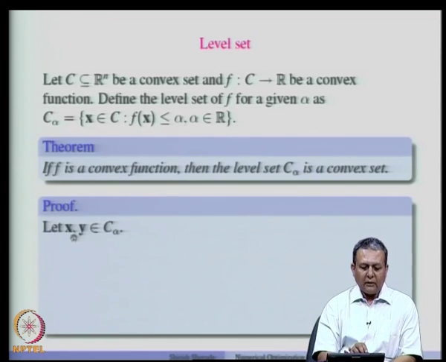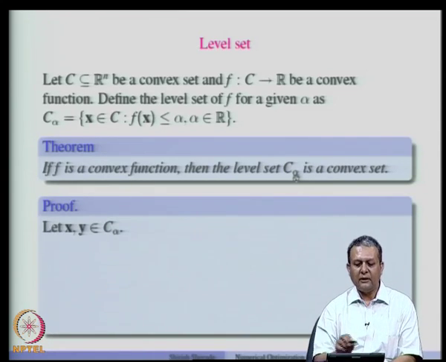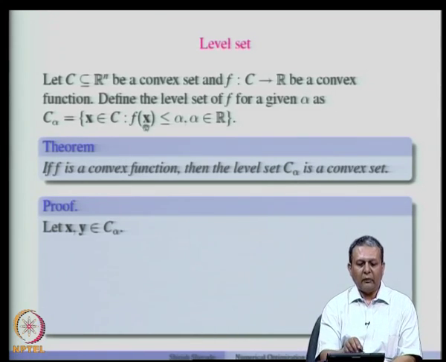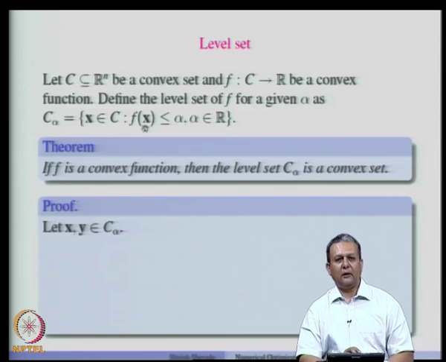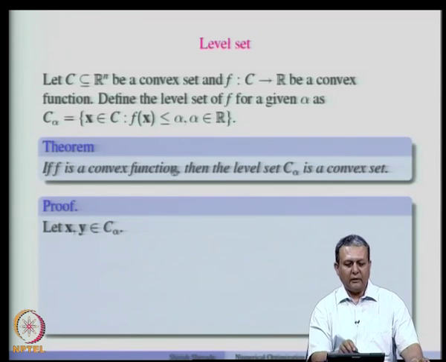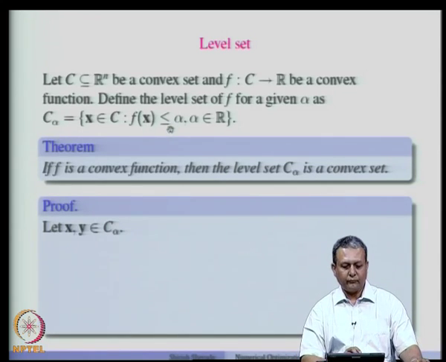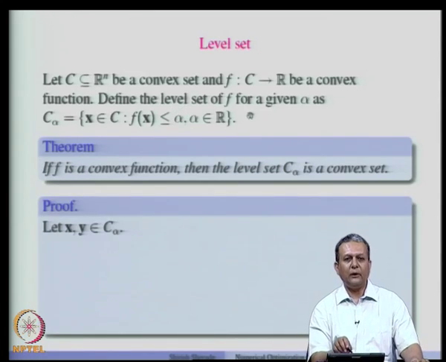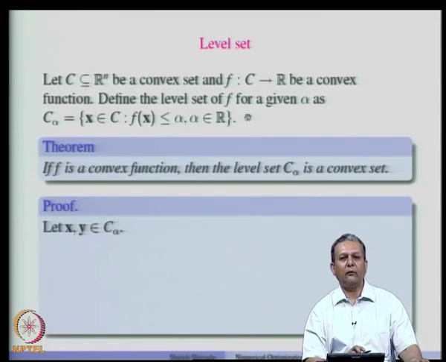We have to show that if f is a convex function, then C alpha is a convex set. Remember that while defining the level set, we do not need f to be a convex function.